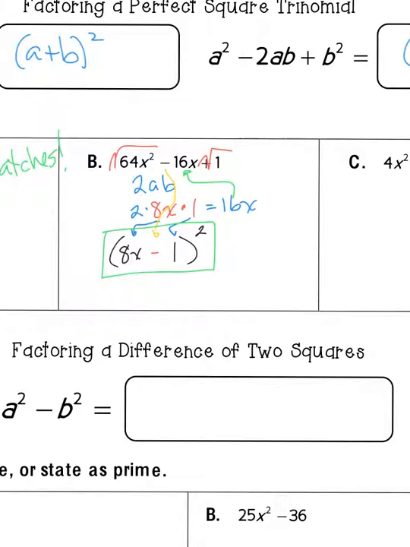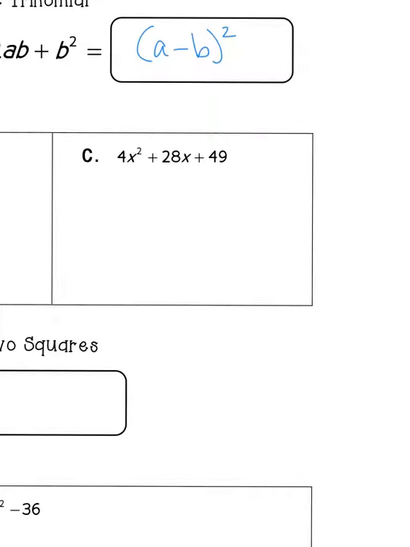Now you try the last one on your own. Right there. You got this. So I have a perfect square and a perfect square and a perfect square. So all I have to do is test to see, does the middle term come out to be 2 times a times b? So I'm going to take the square root of a squared and the square root of b squared. So I have 2 times, okay, the square root of 4x squared is 2x, and the square root of 49 is 7.